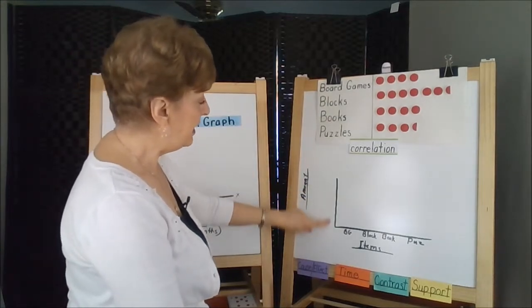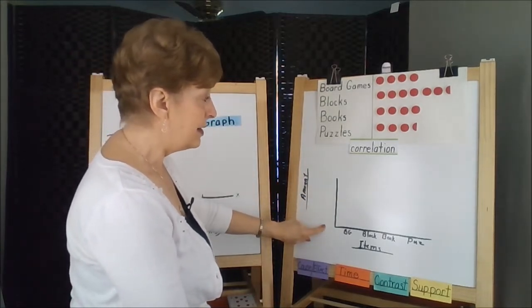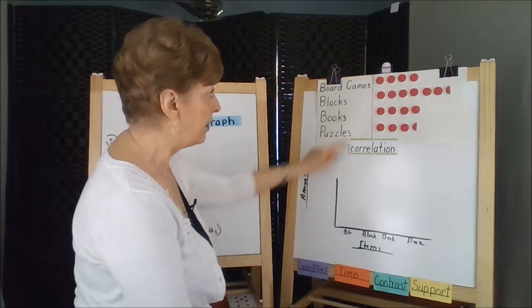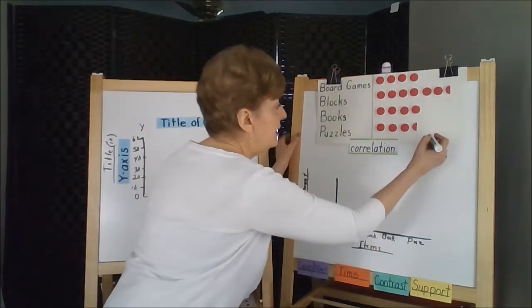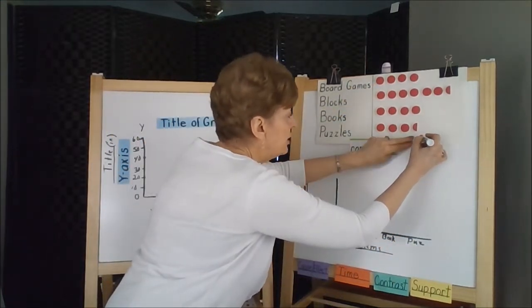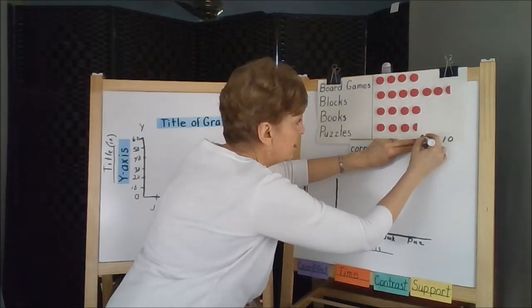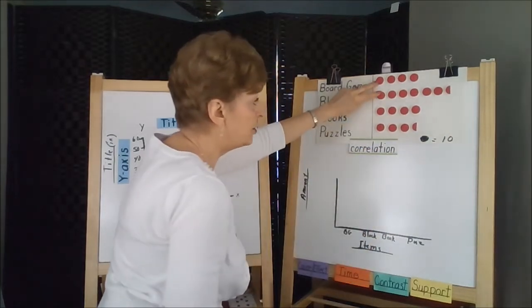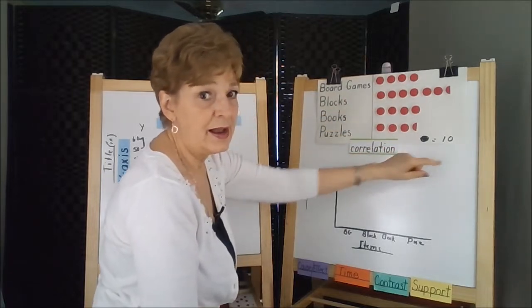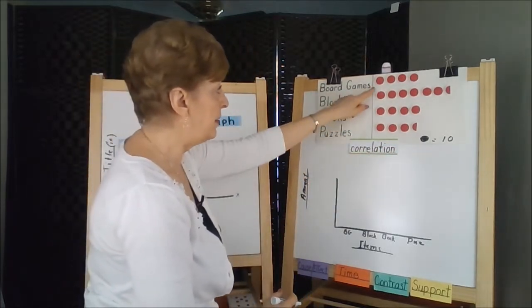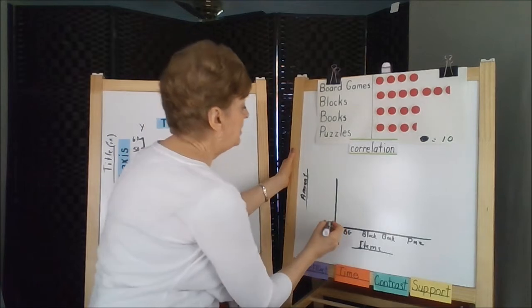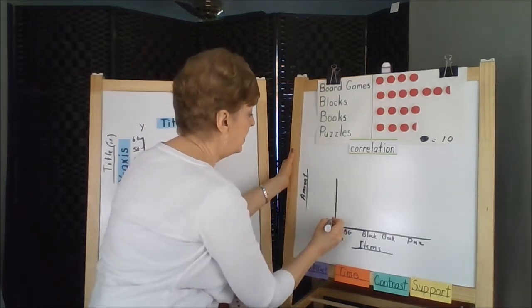We would need on this side numbers because these are amounts. We said that each of the circles equaled 10. So our red circles here would equal 10 items apiece. So we would probably need to go in groups of 10 here.